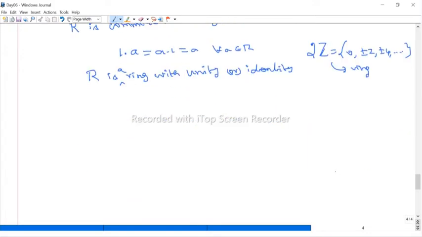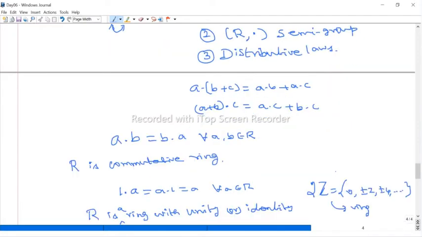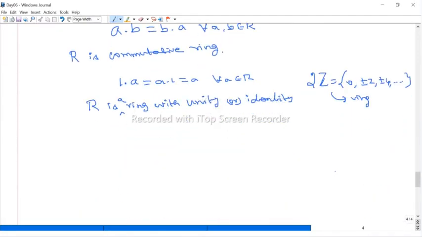Okay, now we did the second algebraic structure, the ring. Suppose this ring is said to be an integral domain. So integral domain means what? If we take any two non-zero elements, the product should be non-zero.